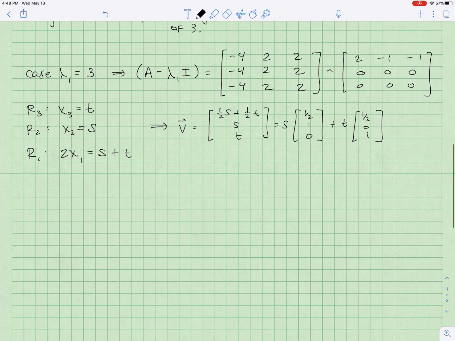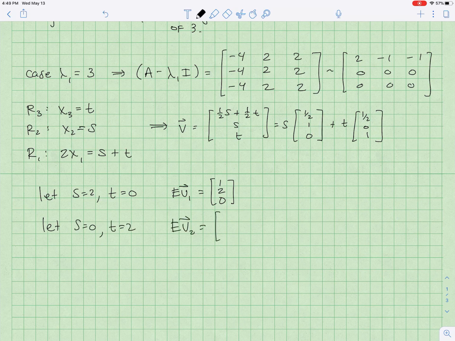And if we're clever about this, we could say let s equal 2 and t equal 0 so that we don't have any fractions. And then my first eigenvector will be 1, 2, 0. And if we let s equal 0 but t equal 2, our second eigenvector will be 1, 0, 2.